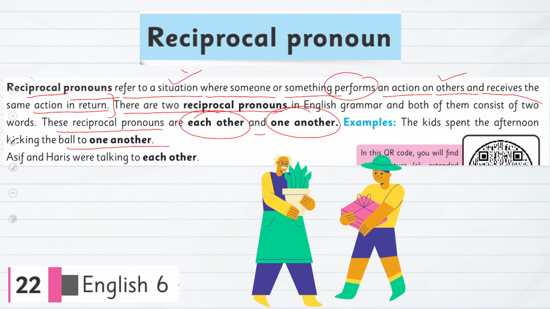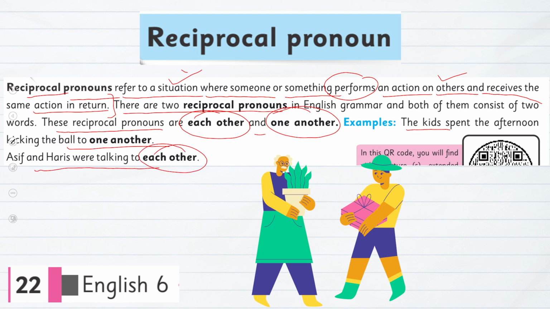Now, let's analyze this example. One another is a reciprocal pronoun, and the kids here are actually doing this and receiving the same action, hence we use this reciprocal pronoun. "Asif and Haris were talking to each other."